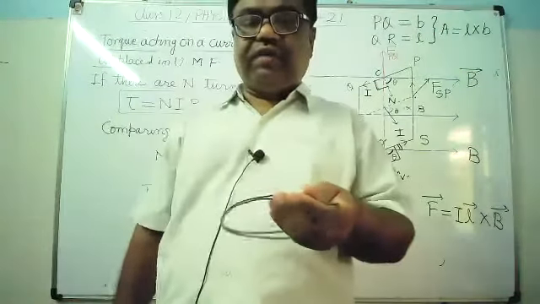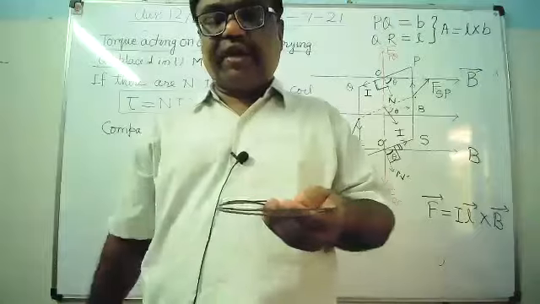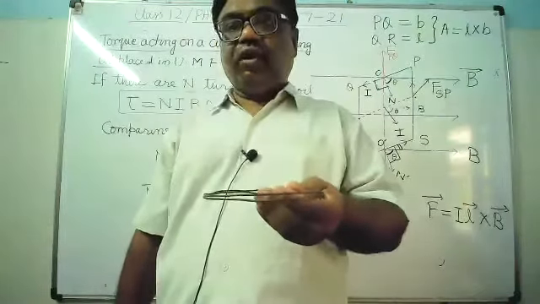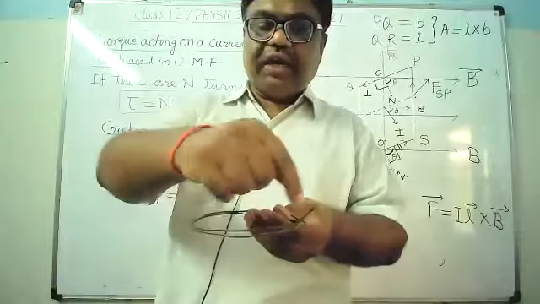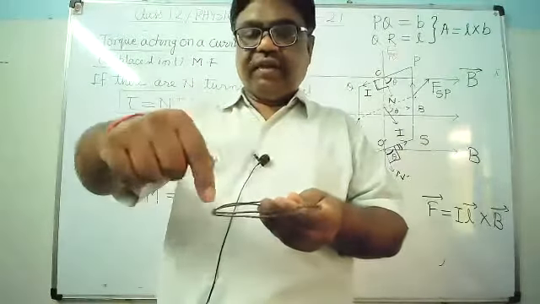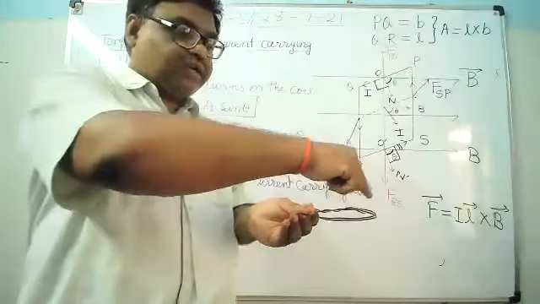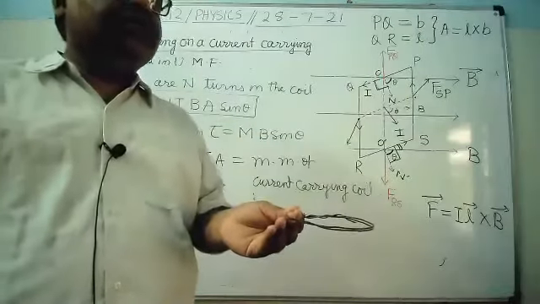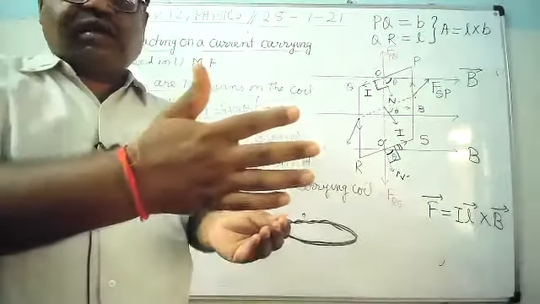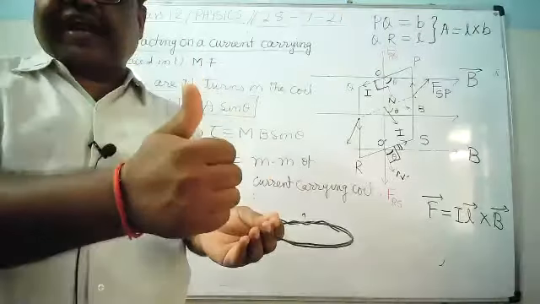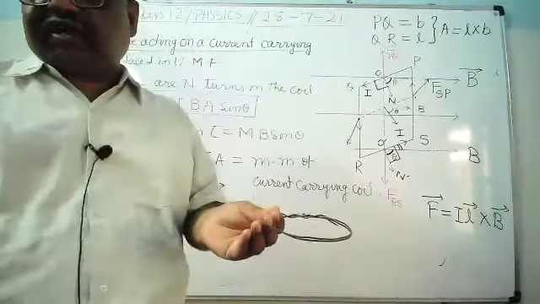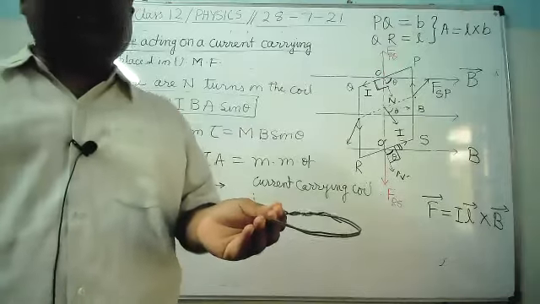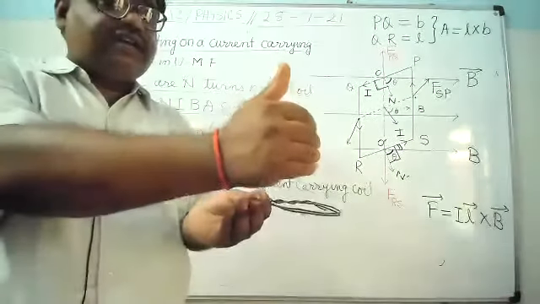Now see here, how will you find the direction of magnetic moment? There is the right hand rule. Suppose current is flowing in this way. You will curl the fingers of the right hand in such a way that their curling is along the direction of current.